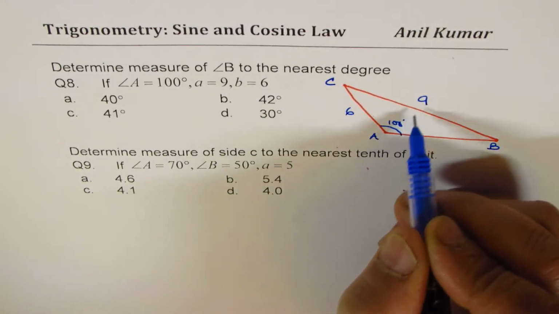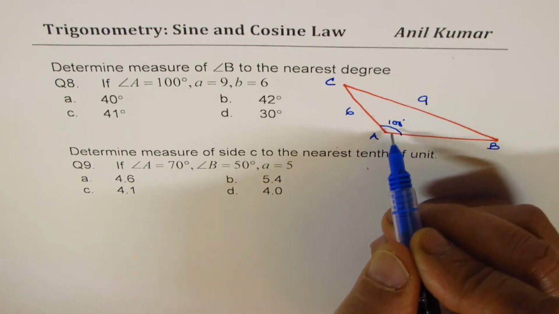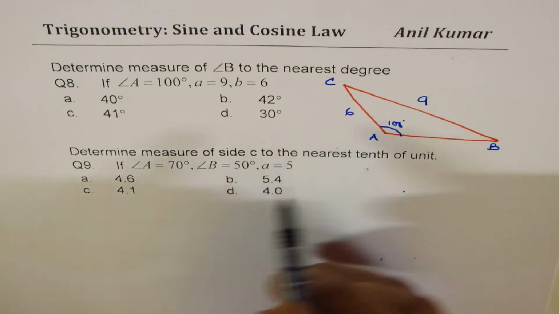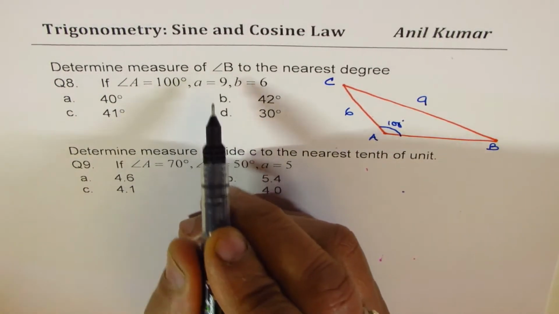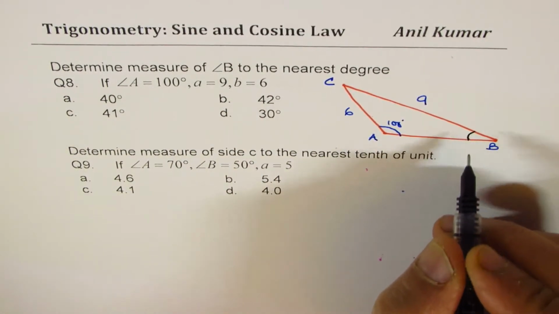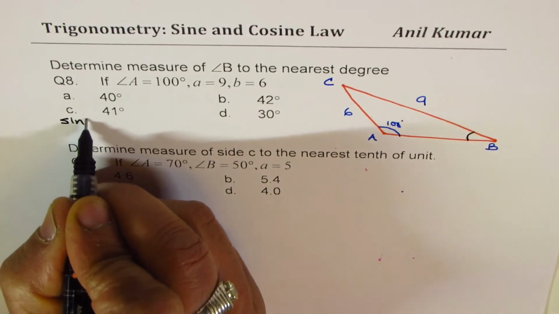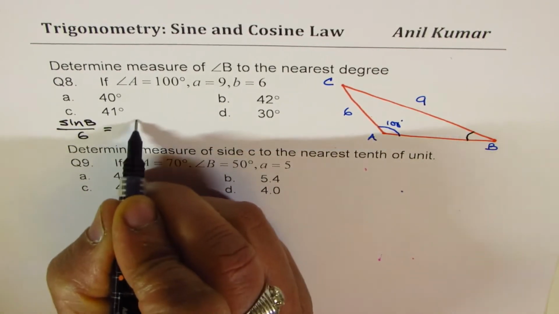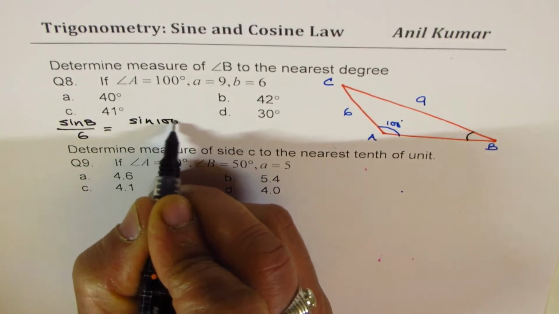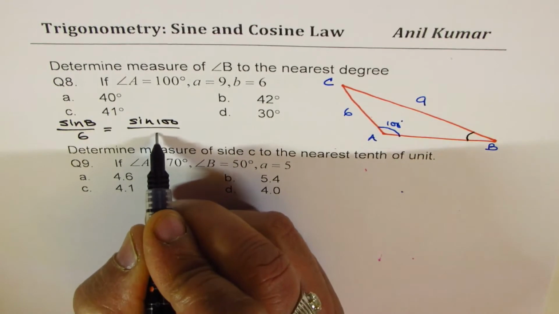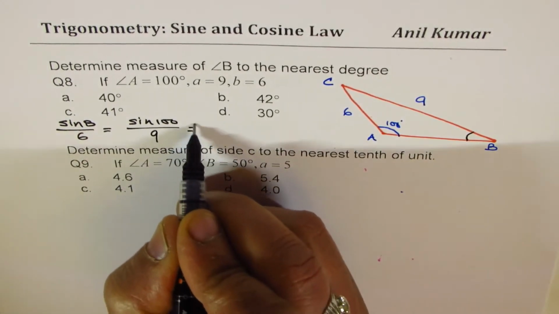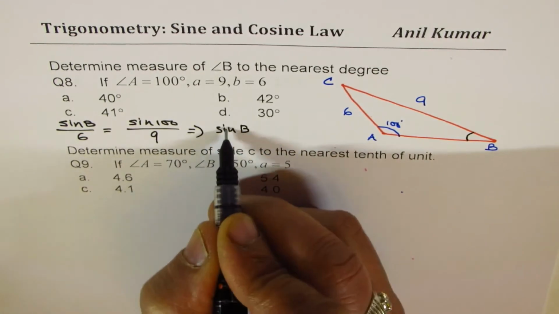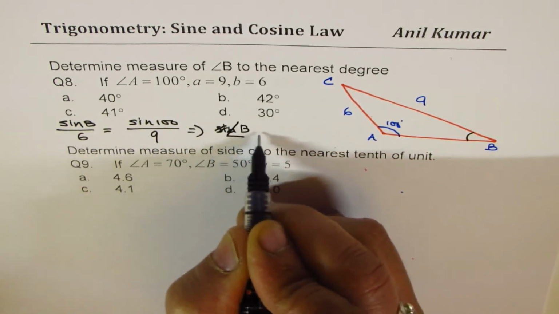Now we have a combination of opposite angle and side, so we can use sine law. Perfect. So using sine law, we can find what is angle B. That is what we want to find. So we get sine B over the side opposite, which is 6, is equal to sine of 100 over 9. And that gives you sine B equals to, we could actually find what the angle is.